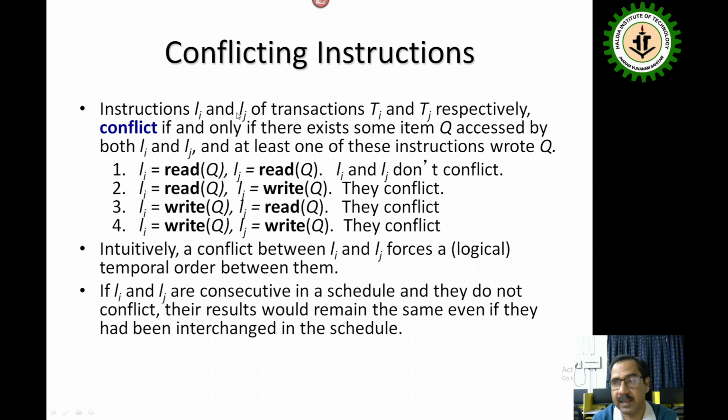Ii and Ij of the transactions Ti and Tj respectively conflict if and only if there exists some item Q accessed by both Ii and Ij. There exists some item Q means the instructions Ii and Ij access the data item Q. Here we consider data item Q, that means account holder A, account holder B, any data item.